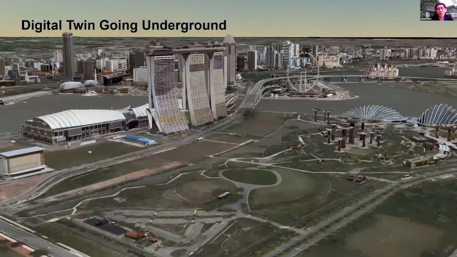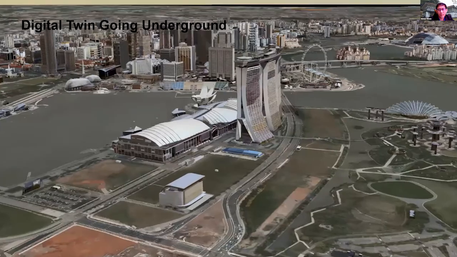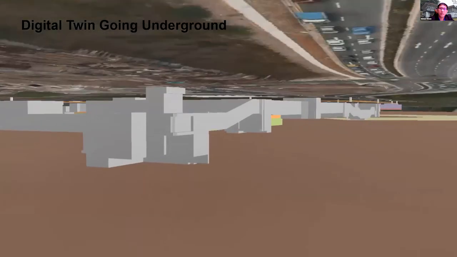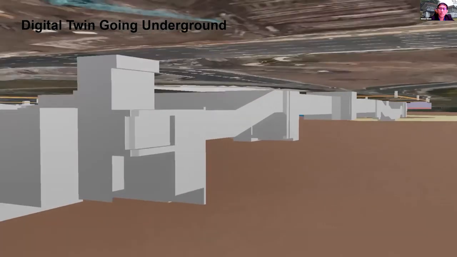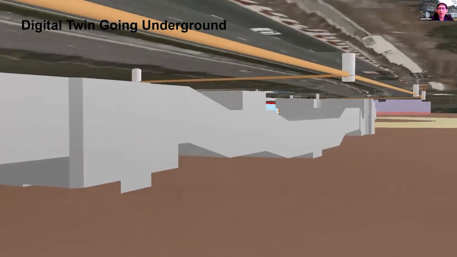So the above ground relatively is the easier part, but what about underground? How do we go about ensuring that we can continuously capture and manage reliable underground data?